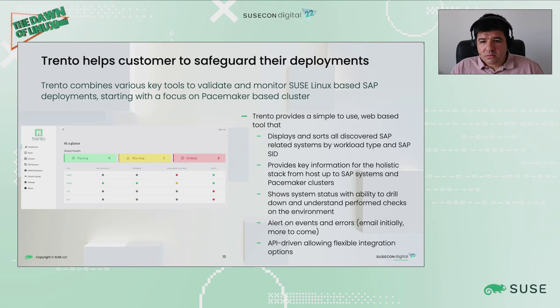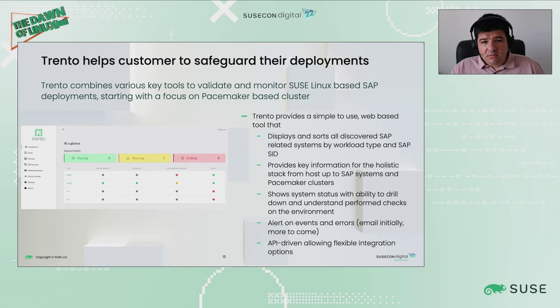So as I mentioned, Trento helps to safeguard your deployments via a simple-to-use web-based tool, so here we can see that it displays all the SAP systems' automated discovery. It means as soon as you install the Trento agent and register it, it will scan the existing SAP systems and build your landscape view and a nice dashboard providing you status for all the systems. It will send alerts in case of errors or events that demand your attention.